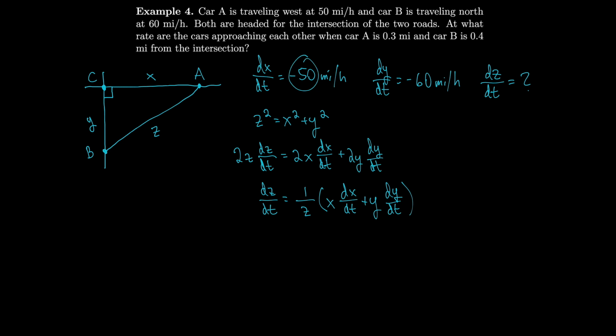We know this is minus 50, we know that's minus 60. So we need to know what x, y, and z are. Well, they gave us x is 0.3 at this instant, y is 0.4, so we can use Pythagorean theorem to solve for z. So z squared is 0.3 squared plus 0.4 squared. So that means that z must be 0.5.